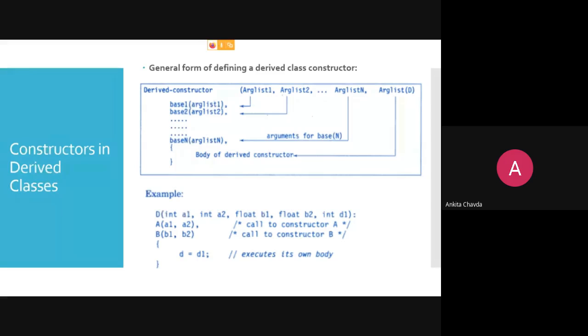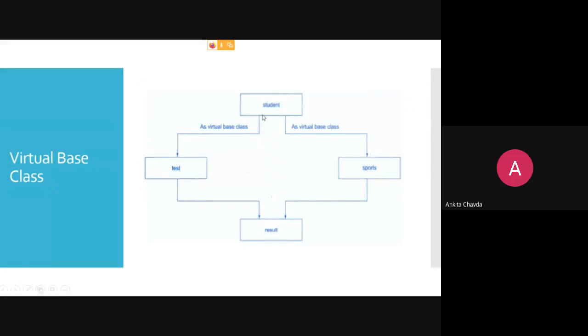If we talk about, again, this hierarchy, student class was having integer roll number. Test class was having two variables, subject 1, subject 2. Sports class was having one variable, that is score. Result class was having its own variable, that is result, or you can say float total. So here we will not consider this right now.